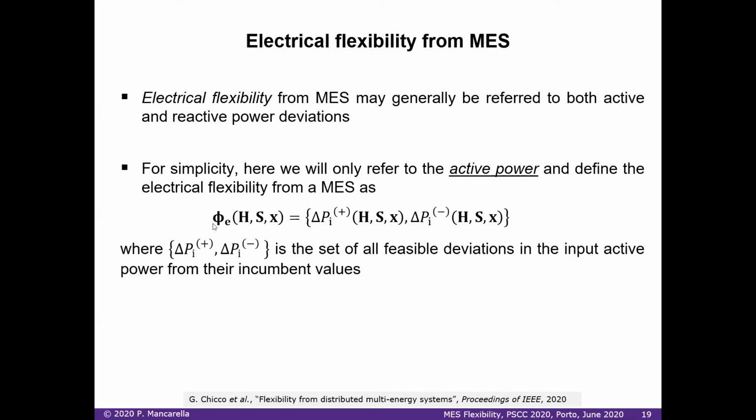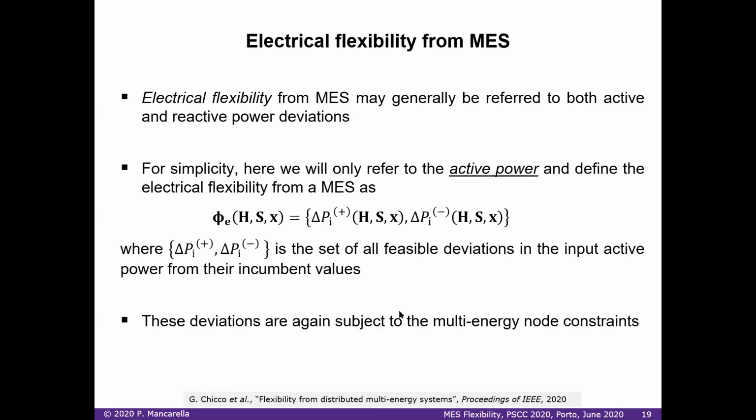And finally, let's define the flexibility as effectively upward and downward variation on your active power coming as an input to your energy hub. Again, looking at the feasible deviation that you will have as a function of all the parameters and the variables that you can control here. And again, all of these are subject to the multi-energy node constraints.